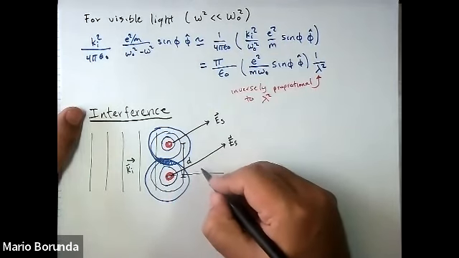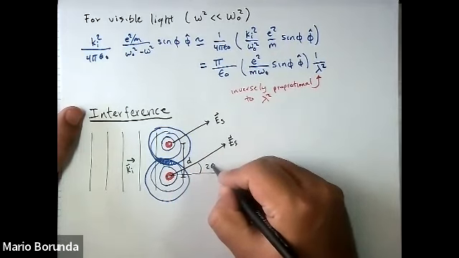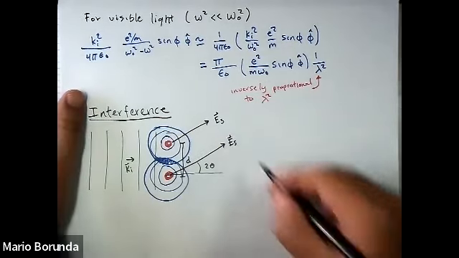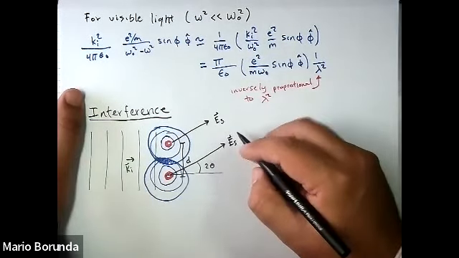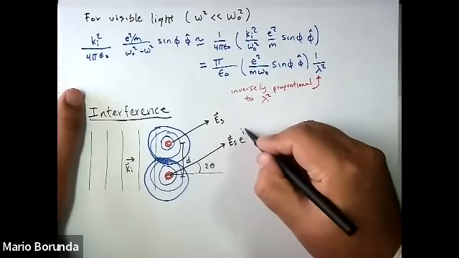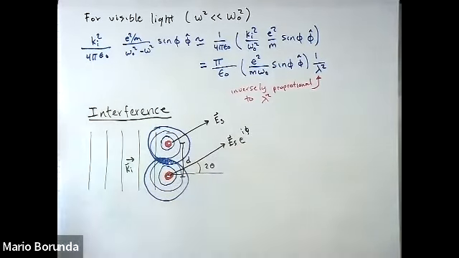But now, there's an angle right here. Let's call it 2 theta, from this plane all the way up to where our detector is. But this wave is not in step; it gains a phase because it's some distance away from our other one.